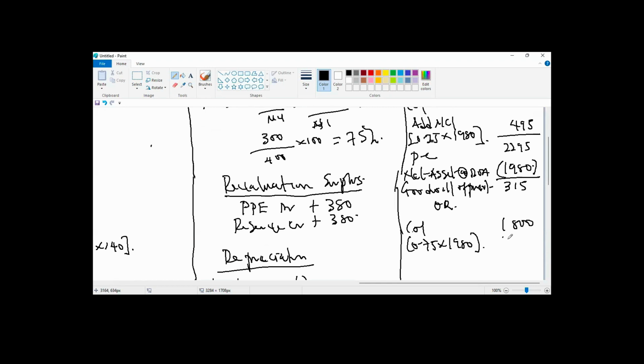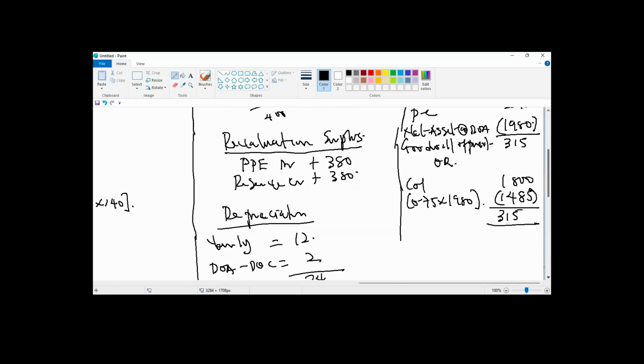That will give you 1485. Minus 18, it will still give me 315. Any of the two methods is okay for me to get the parent.